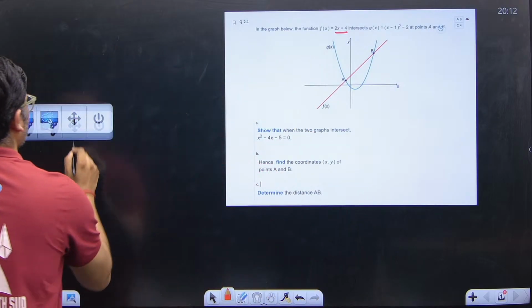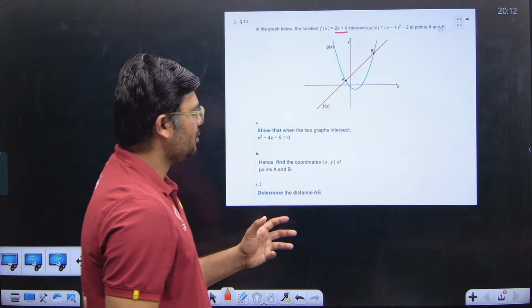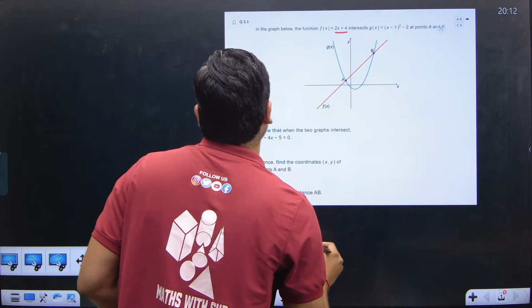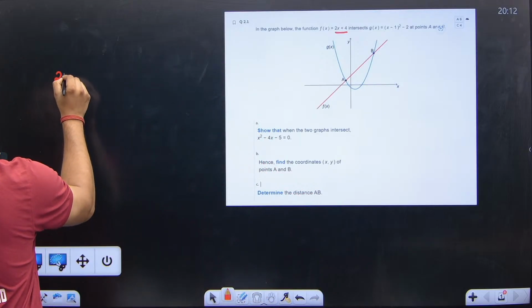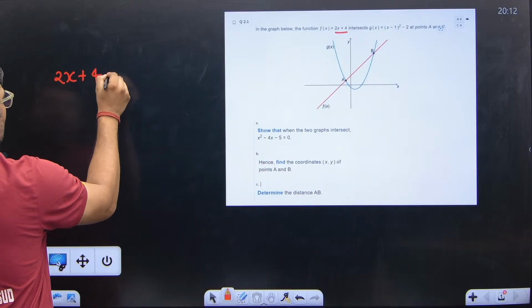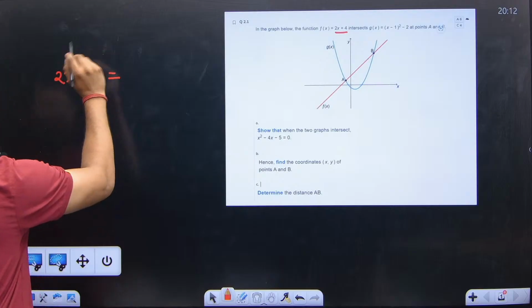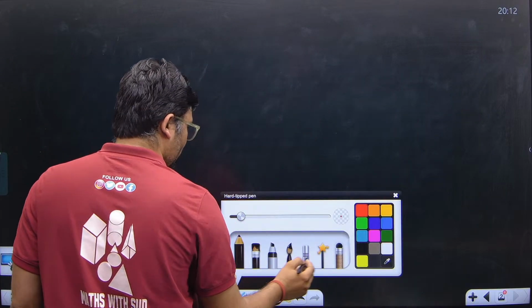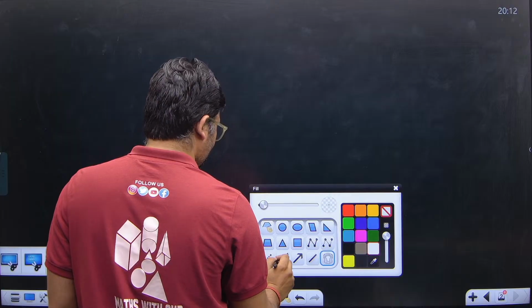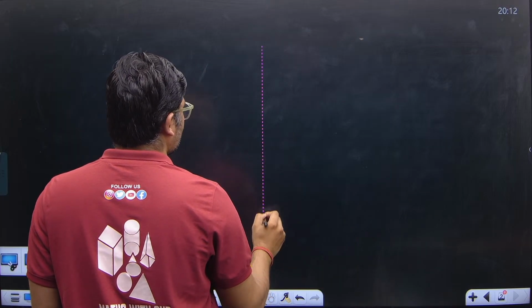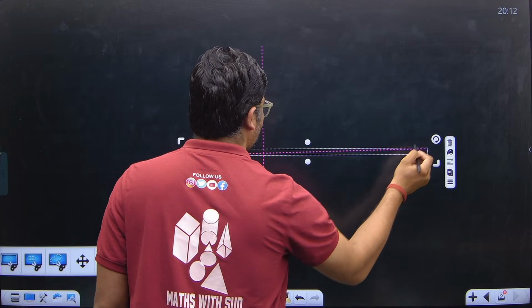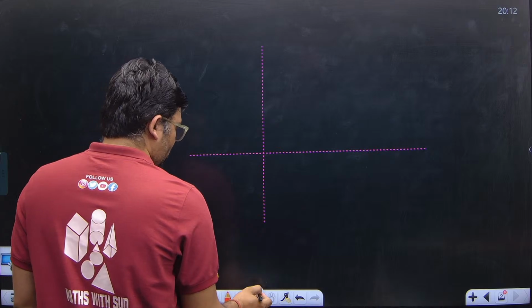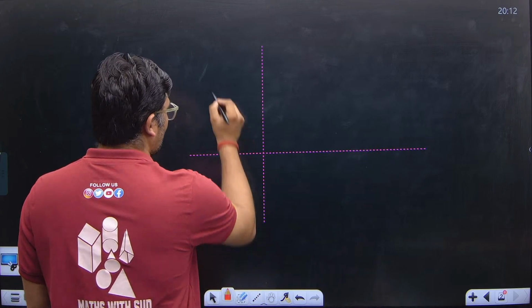So you will say, when the two graphs intersect, where will it intersect? You have to understand first. I am being too fast, so I have to make you understand. Suppose this is the y-axis, this is the x-axis, right? So what is the graph of a parabola?